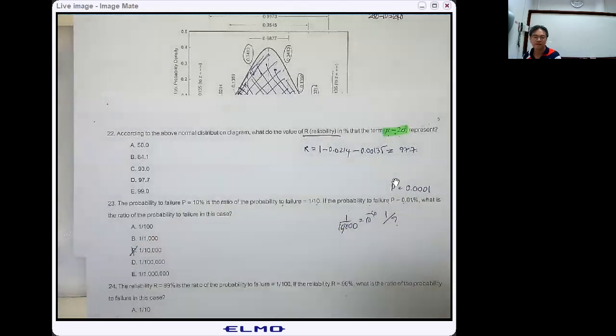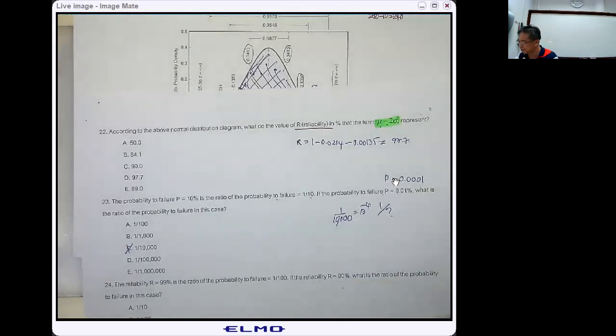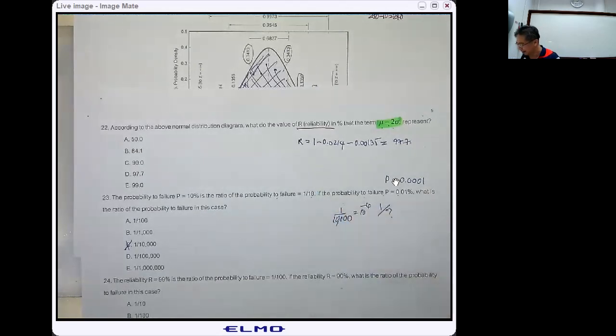So the answer is here. For P equal to 10%, it is 1 in 10. For this one, it is going to be 10 to the minus 4, which is 1 over 10,000.